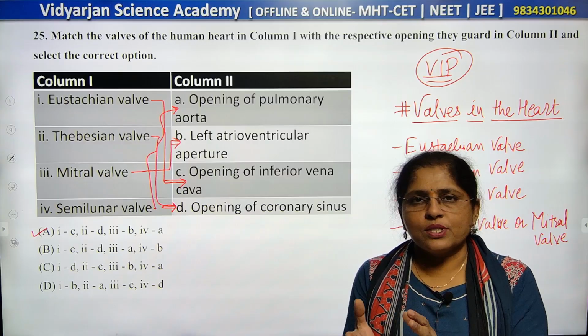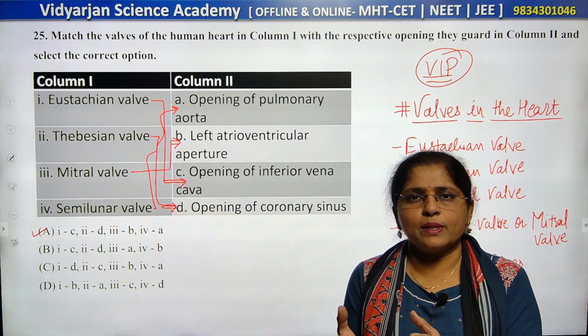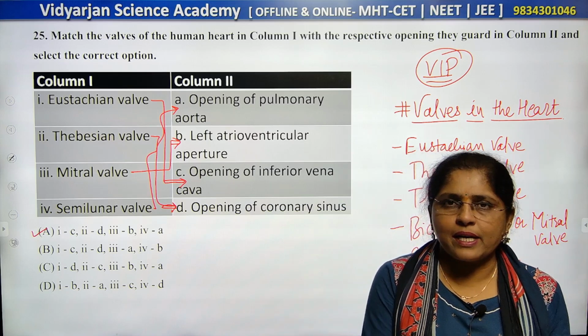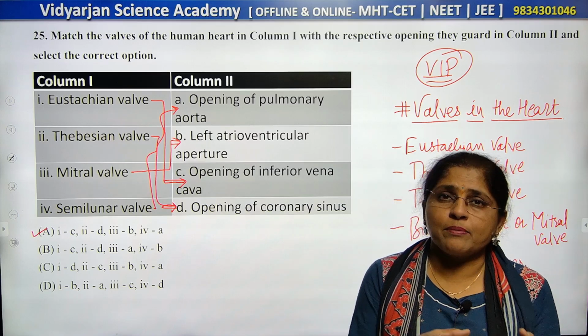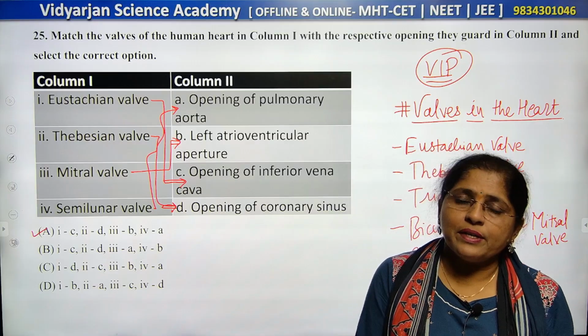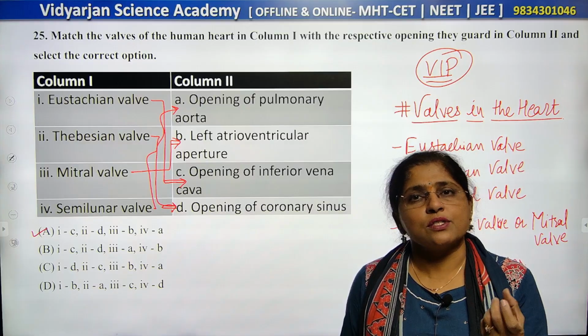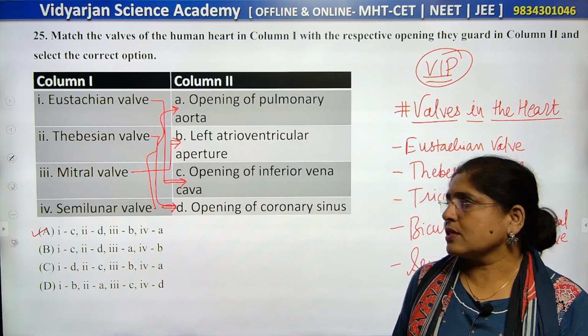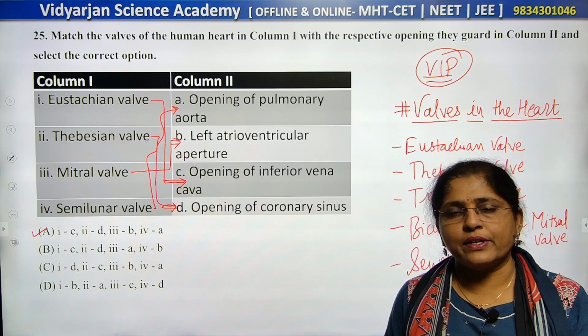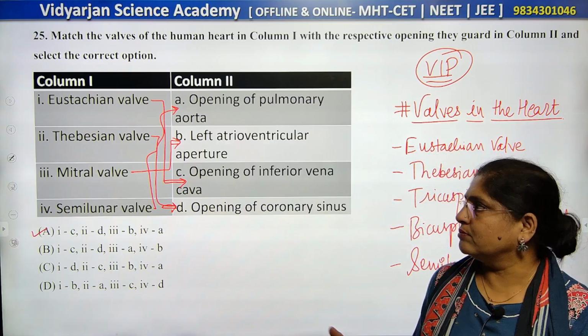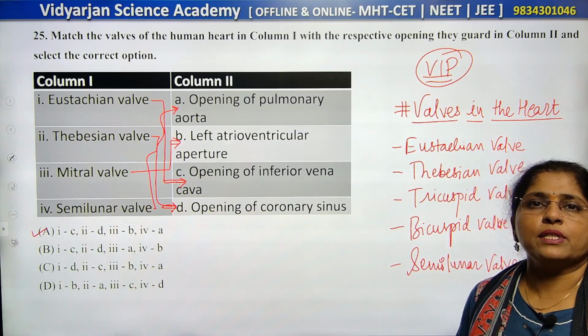You just do the chart for the blood: composition of the blood, plasma, blood cells, RBCs, WBCs, platelets, their size, their shape, their count, their concentration, then their functions, then their disorders, deficiencies and all. Please do all these things with concentration and perfectly. Definitely you will get good marks in your questions related with the blood.